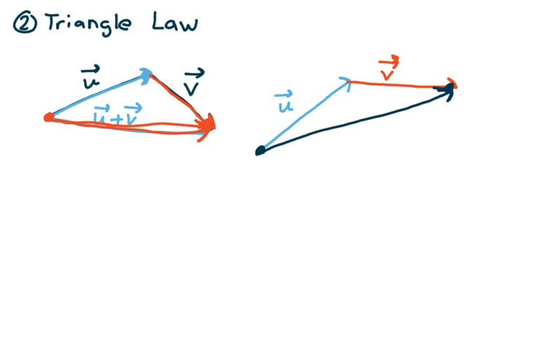And so I claim, geometrically speaking, that this is U plus V. And that's how we add vectors using the triangle law.